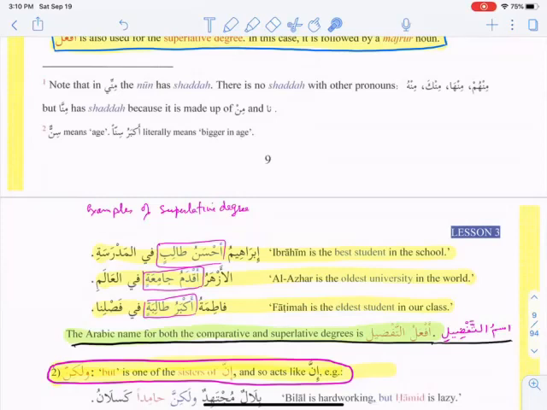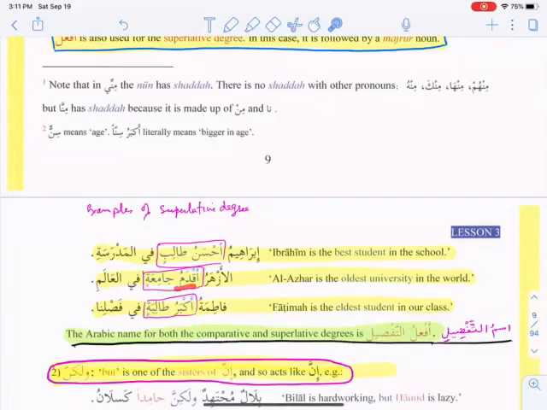Because only ahsanu is marfu. Khabar has to be marfu. Okay. So ahsanu is khabar, and it is mudaf, and then mudaf ilayhi fil madrasati. Ibrahim is the best student in the school. See, now ahsanu became best; before it was better. Al-Azhar, that is the university in Egypt.